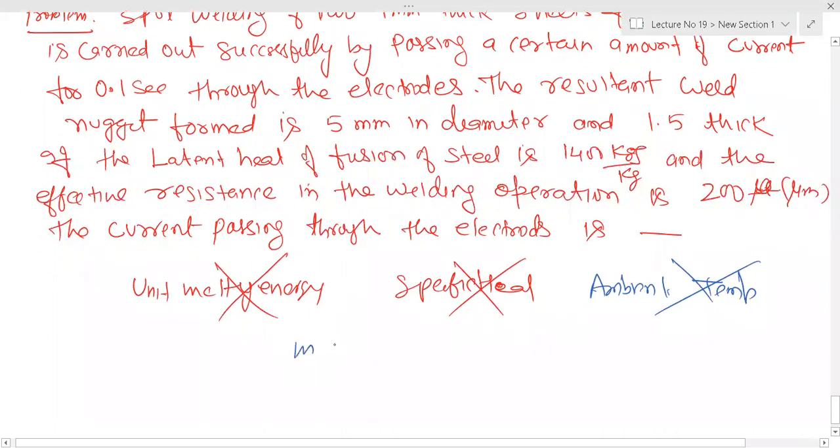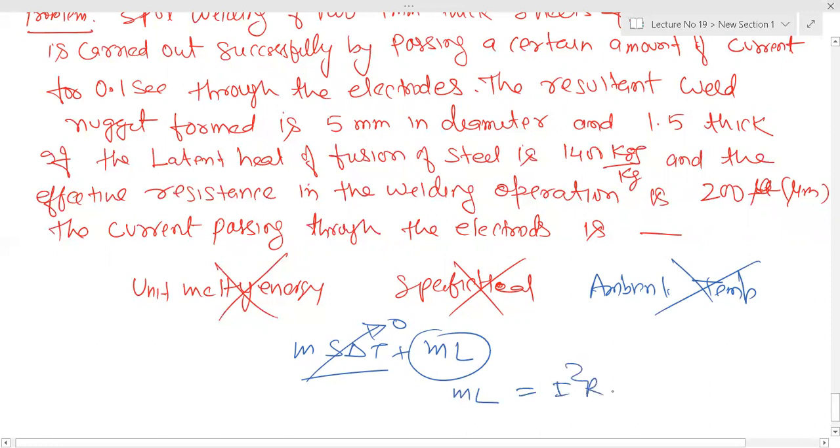So m s delta T plus m l. How to calculate these terms? You have to take only these terms. So that m l will be equal to your I square RT, and you can calculate I. This m is your density times pi by 4 d square h.